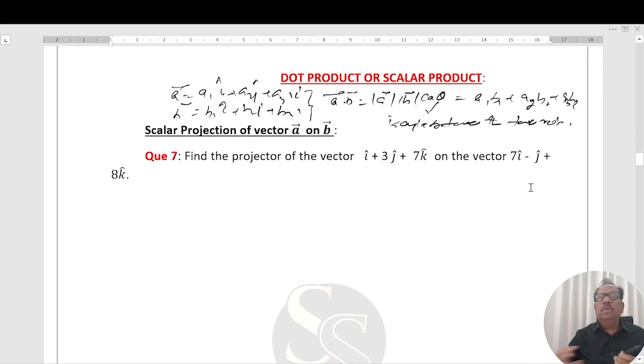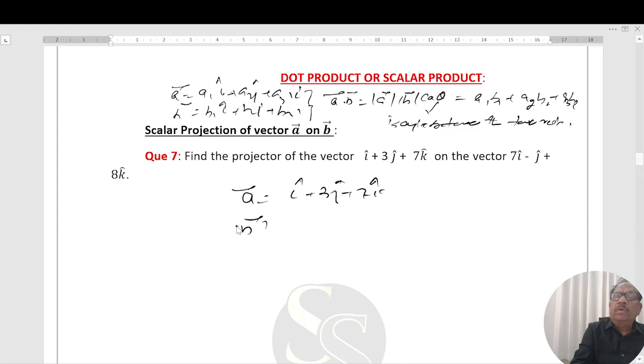Now the question is, write the projection of a on b. One vector is given to you, a is i plus 3j plus 7k. b vector is given to you, 7i minus j plus 8k.